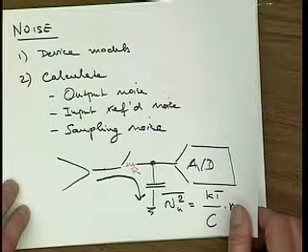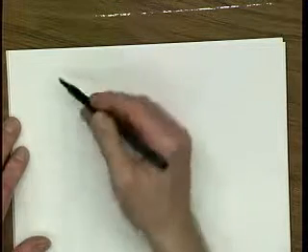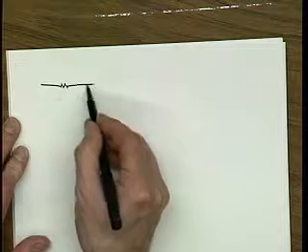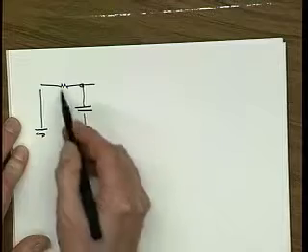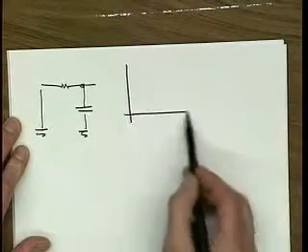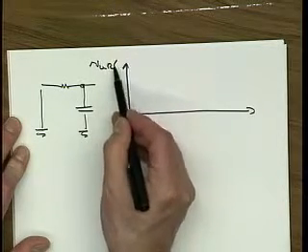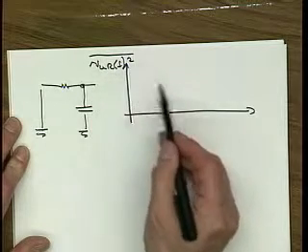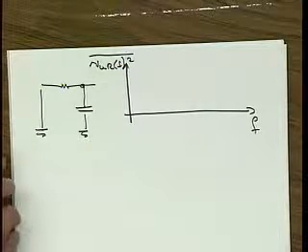Okay. Now I would like to revisit the issue of spectrum a little bit. If we have this sample and hold circuit, let's look at only the noise. So it's just the noise from this resistor that ends up on this capacitor. Then we, of course, know the spectrum of the noise from the resistor.